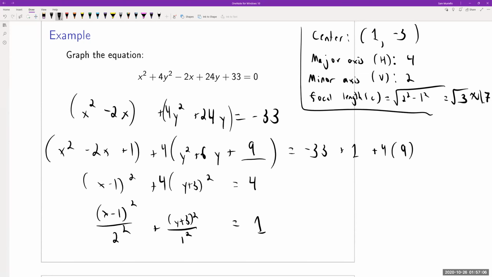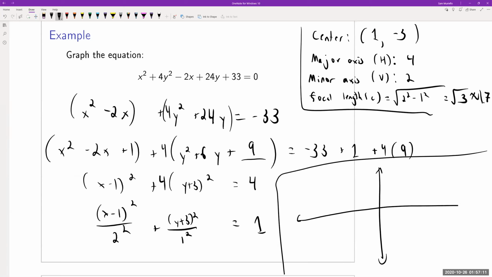As a result, here's what our sketch will look like. We're going to need a center at 1, -3. The vertical distance is 1, the horizontal distance is 2, so this ellipse is not very large. We're going to have an ellipse that goes out like so. So the center is 1, -3.